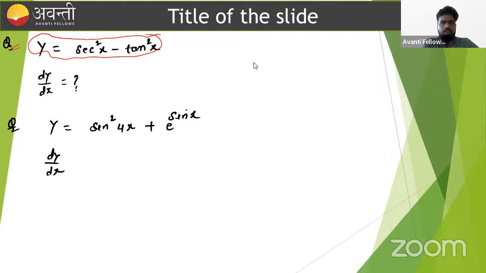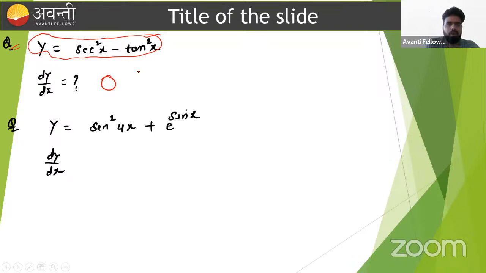Come on, guys. y equals sec square x minus tan square x. What is the answer of this problem? Tell me the answer in the comment box. I am still waiting for your answer. Give me the answer.